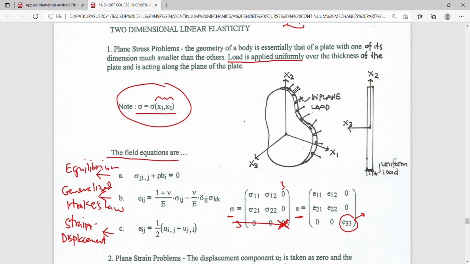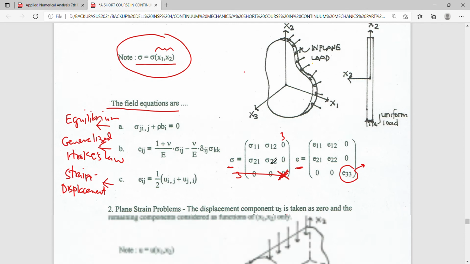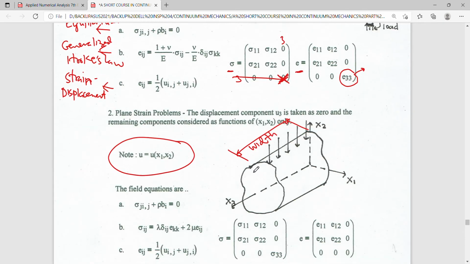Dito baligtad, no? The thickness is small compared to the boundary, the geometry upon which x1 and x2 is reckoned, no? Here, the thickness is very large, or the width is very large compared to this boundary. Okay, so it's the other way around.